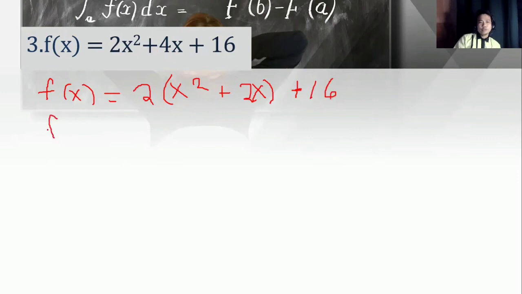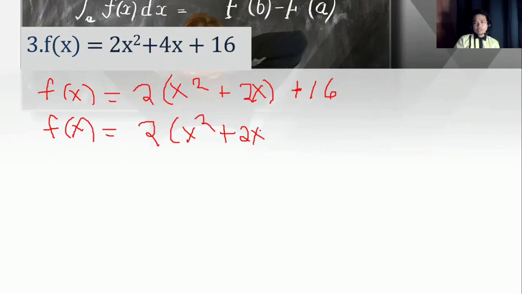Okay, from this, we have f of x equals 2 times x squared plus 2x. So from the second term, we have to divide 2 by 2. 2 divides 2, we have 1. Then 1 squared, we have 1.